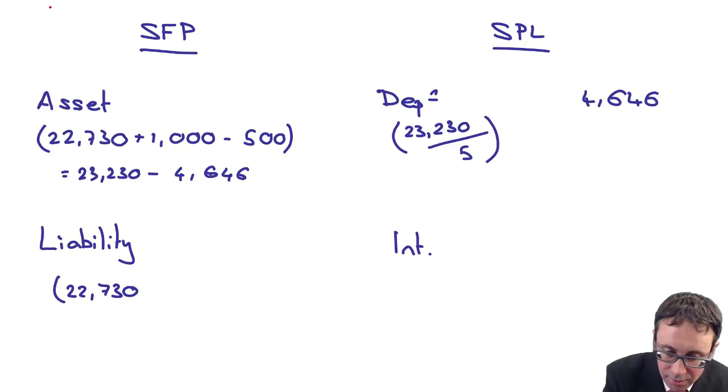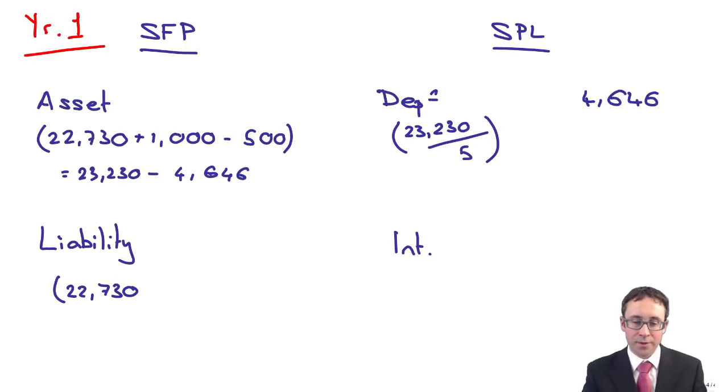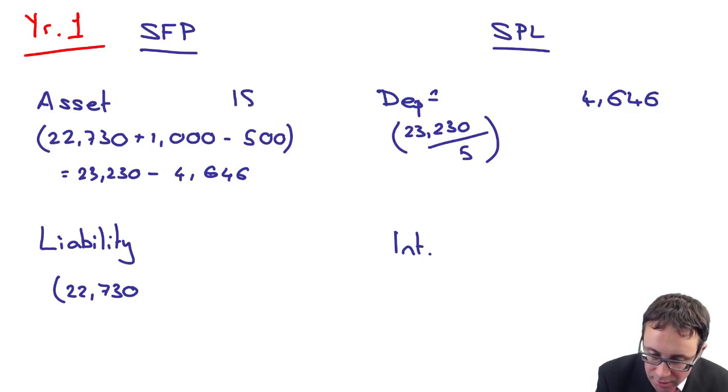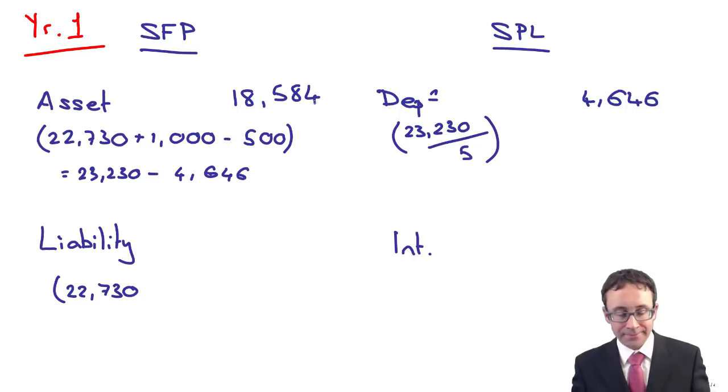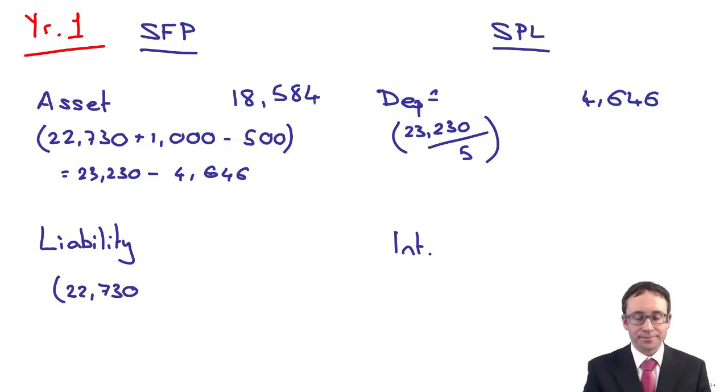So here, let's just say we're looking at year 1. Okay, so 23,230 less 4,646 gives me 18,584. Okay, there we go. Okay, excellent. So there you have it. Okay, that's the value of the asset at the end of the first year.